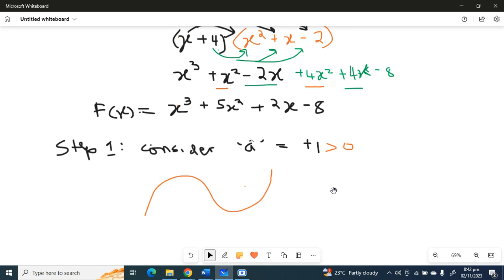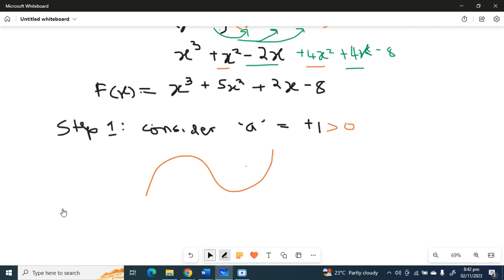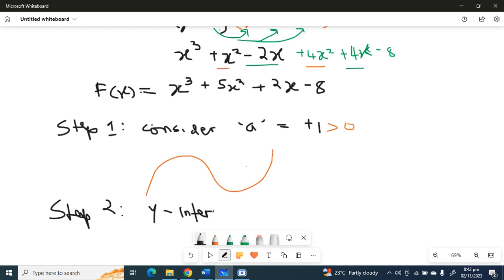So we're now heading into step 2, where you have to determine the y-intercept. In order to get your y-intercept, just set x equal to 0. Or another trick you can use, you just look at the number without a variable.